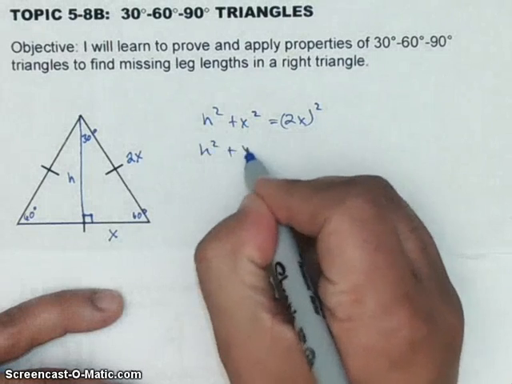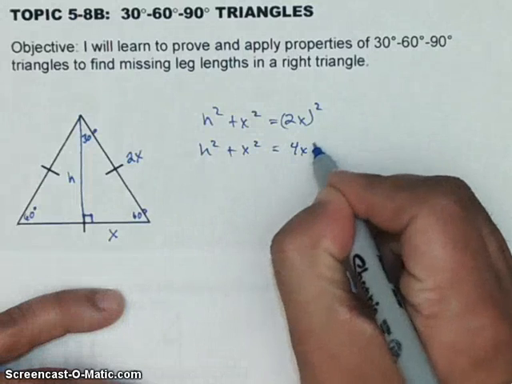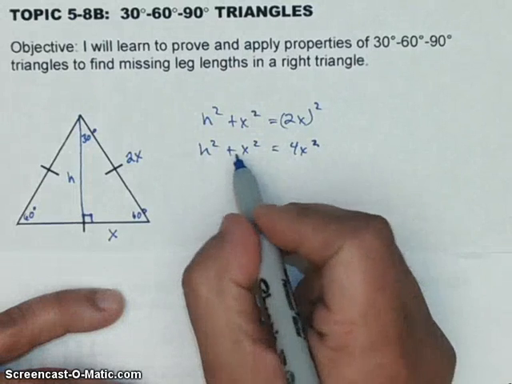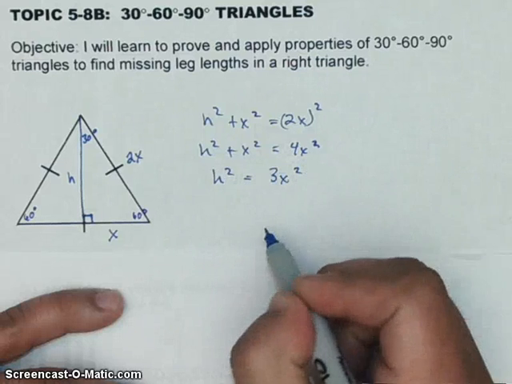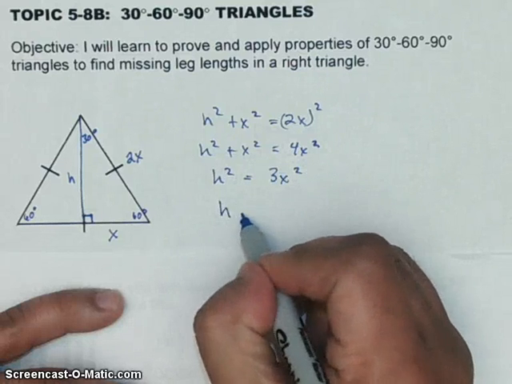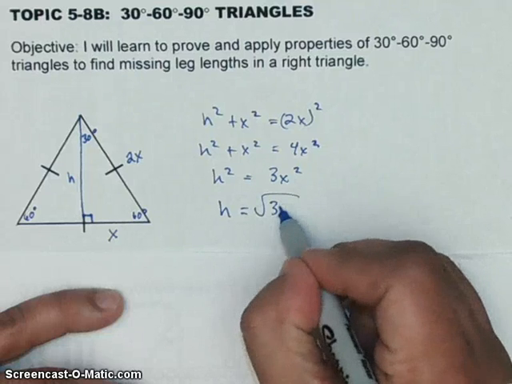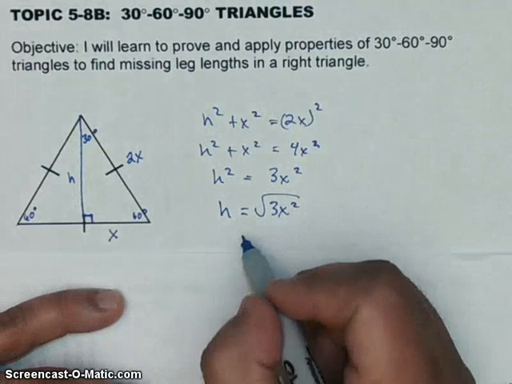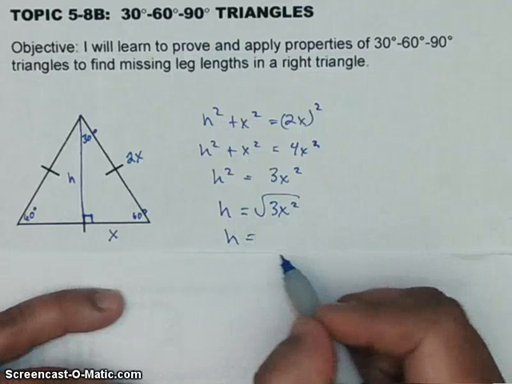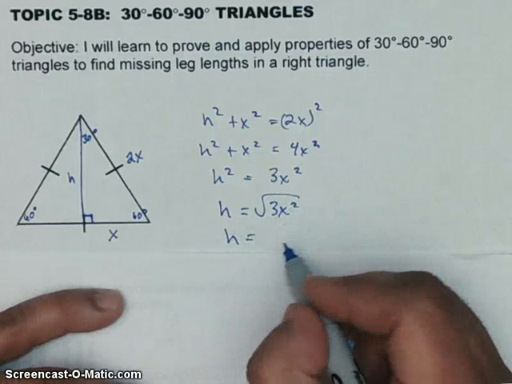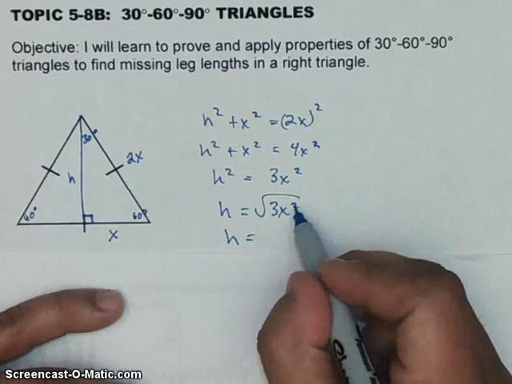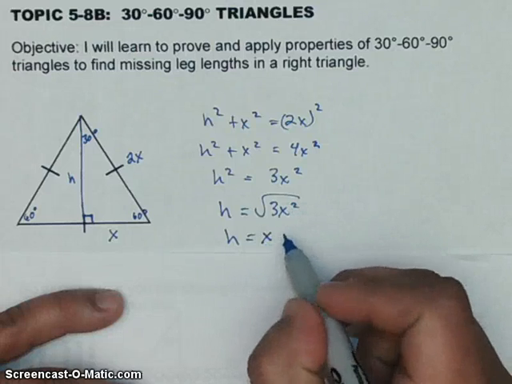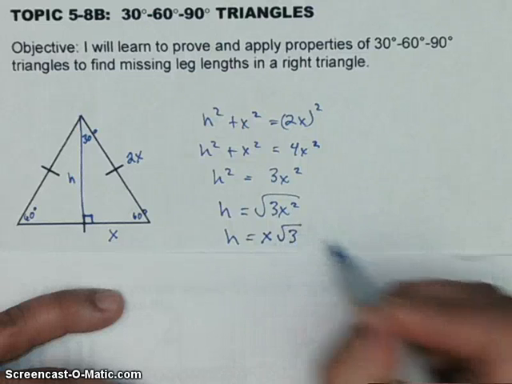If we square that, that gives me 4x squared. I subtract the x squared, and then I need to take the square root, so that is going to be 3x squared. If I take the square root of 3x squared, the only thing that can simplify is the x squared, so a pair of x's come out of the radical. The 3 stays inside.